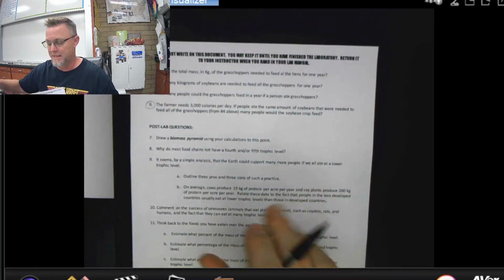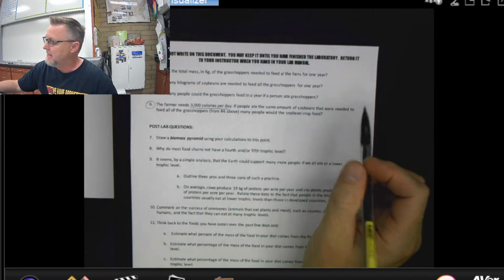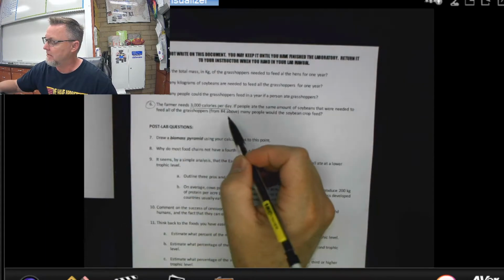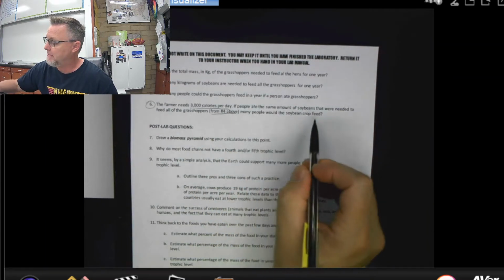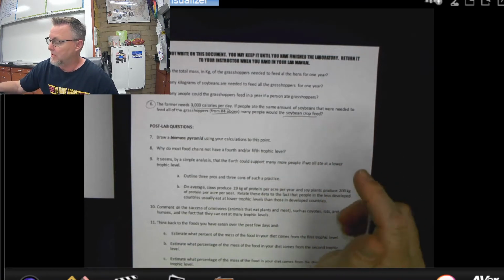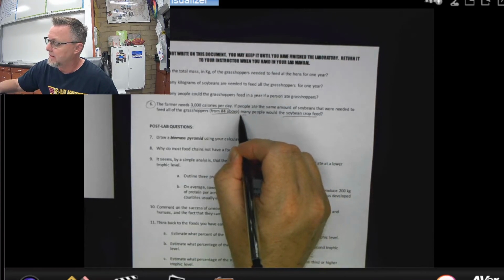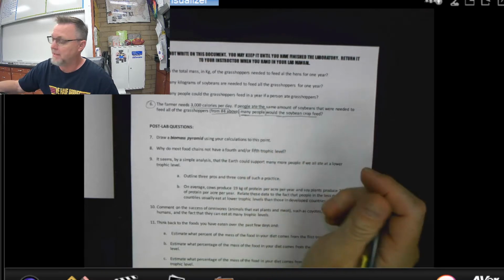The farmer needs 3,000 calories per day. If people ate the same amount of soybeans that were needed to feed all the grasshoppers from question 4 above, how many people would the soybean crop feed? So the answer that I'm going to get is how many people would the soybean crop feed?